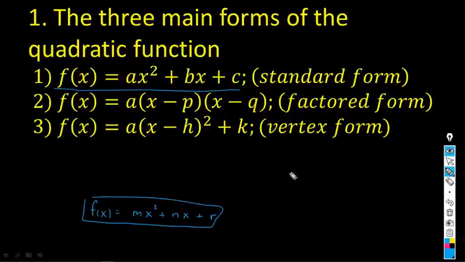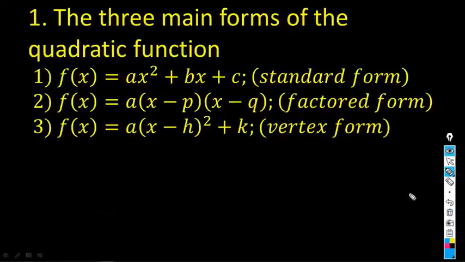So that's very important. Another thing that is very important for you to understand is that if you have a standard form like this of a function, and you are told to go from the standard form to the factor form, so you want to shape this into looking like this, that doesn't mean that this a has to be the same as this a.